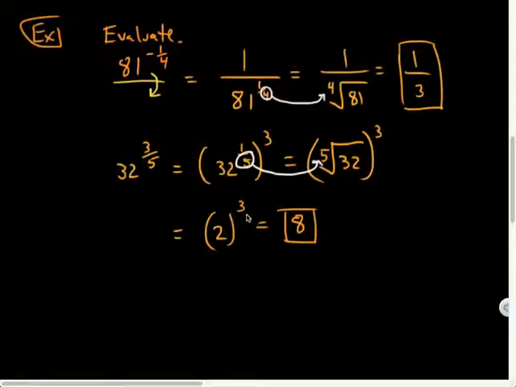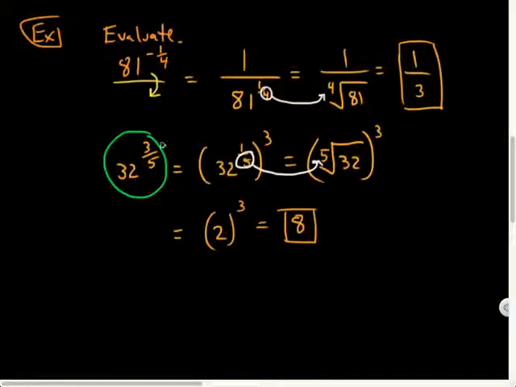Now, I really don't get how you got from this one to this one? Okay, well, the fifth root of 32 just became 2. So that means that 2 to the fifth is 32. You got it. Now, question.